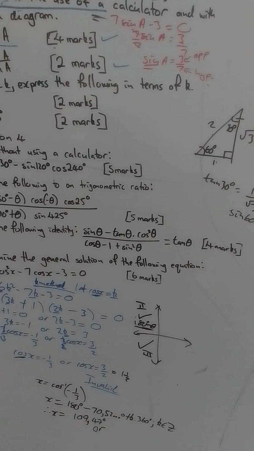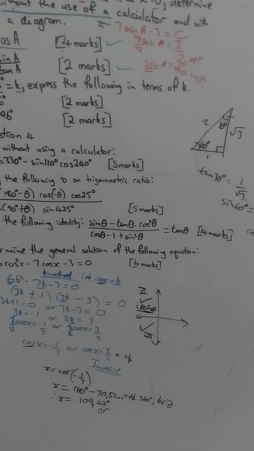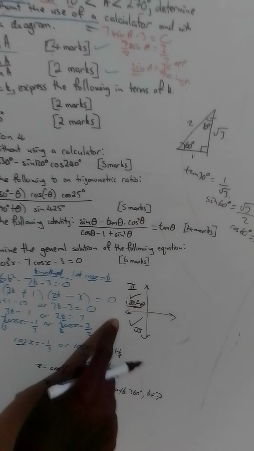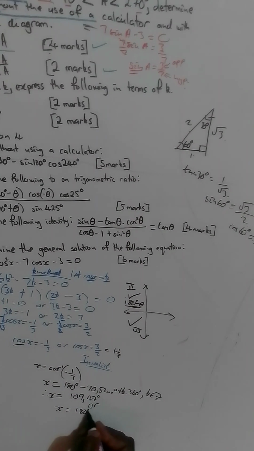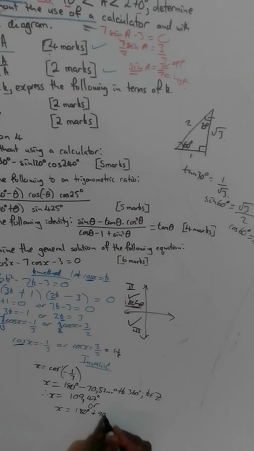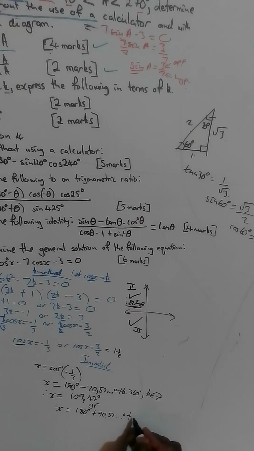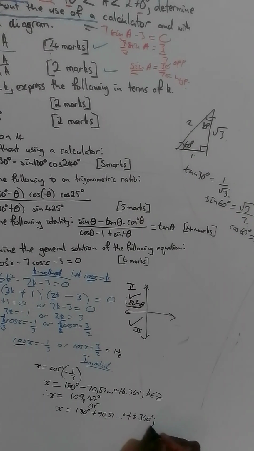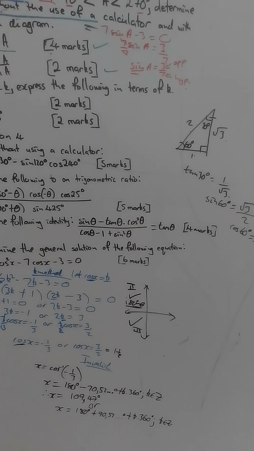Now I say, or, now I must find the solution for what? I must find the solution for quadrant number 3. In quadrant number 3, what does the reduction formula say? In quadrant number 3, it says 180 plus. So I come and I say x is equal to 180 degrees plus the 70.52 ellipsis plus k multiplied by 360, being elements of integers.